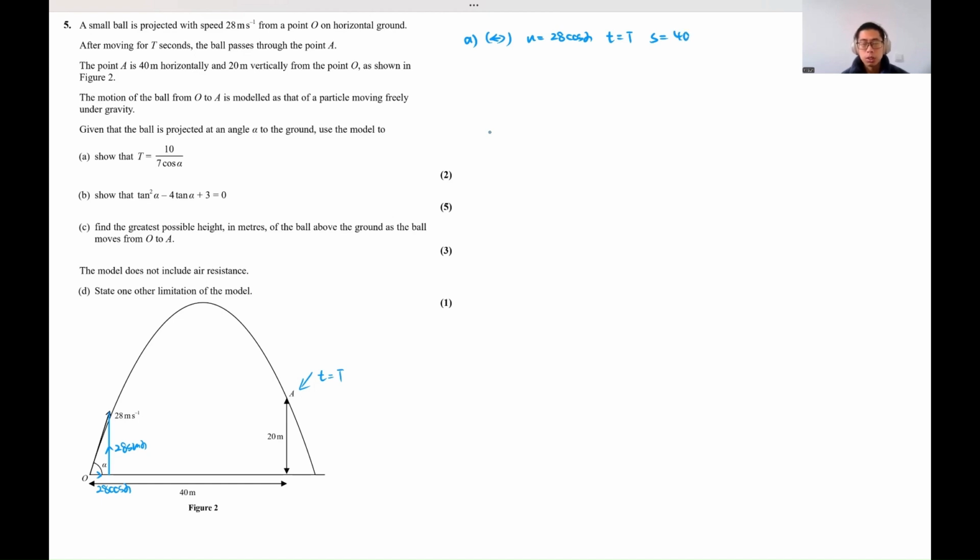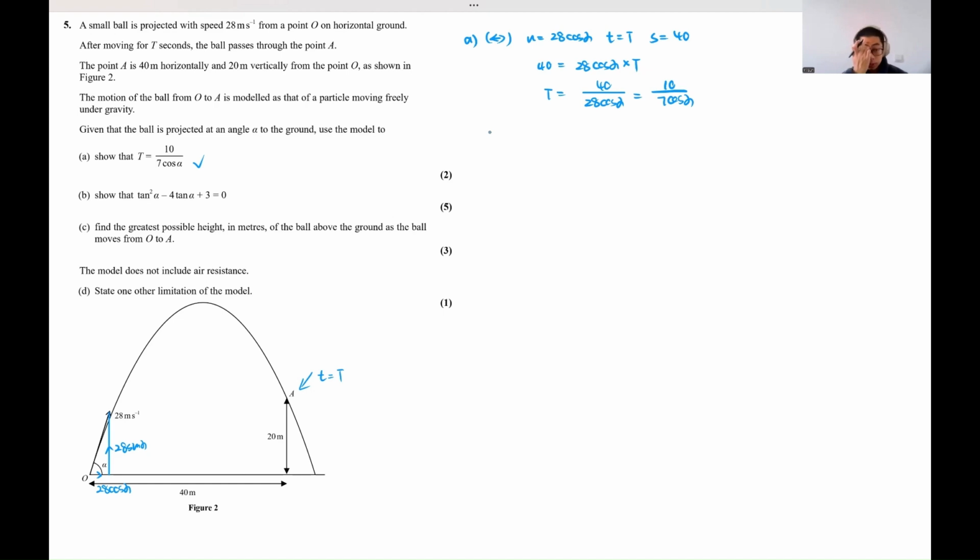Because in the horizontal direction it is constant velocity, you can just do s, 40, is equal to velocity times time. So rearrange that, T is just equal to 40 divided by 28 cos alpha. So simplify that, it should give us the answer straight away. 40/28 is 10/7. So that's just 10/7 cos alpha, which is what we want.